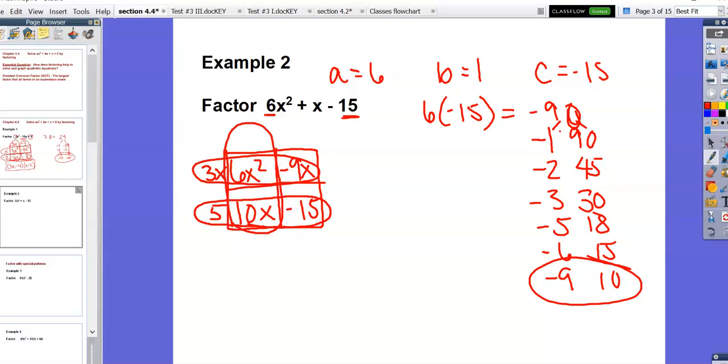And then you can go up the first column between 6x squared and 10x. They share a 2x. And then between negative 9x and negative 15, all they share is negative 3. So then you would write your answer, 2x minus 3, and then 3x plus 5.